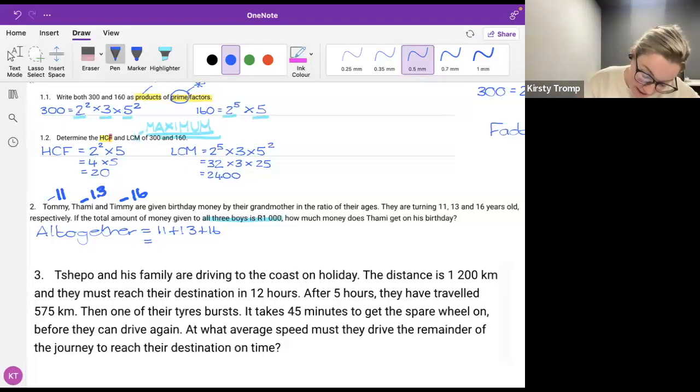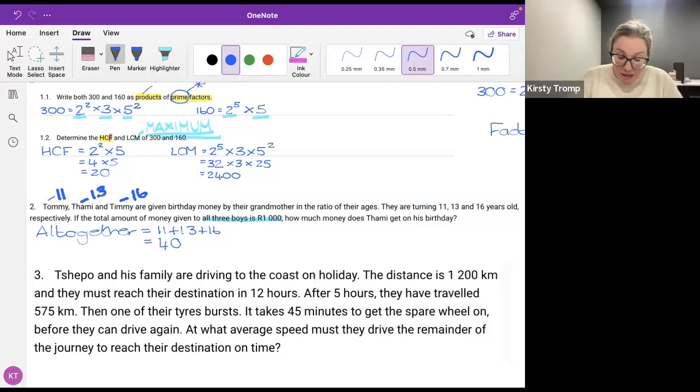When we add up their ages, we get 40. In the exam or test, please make sure you use a calculator, because you get really stressed out and make silly little mistakes. So all their ages added up to 40.